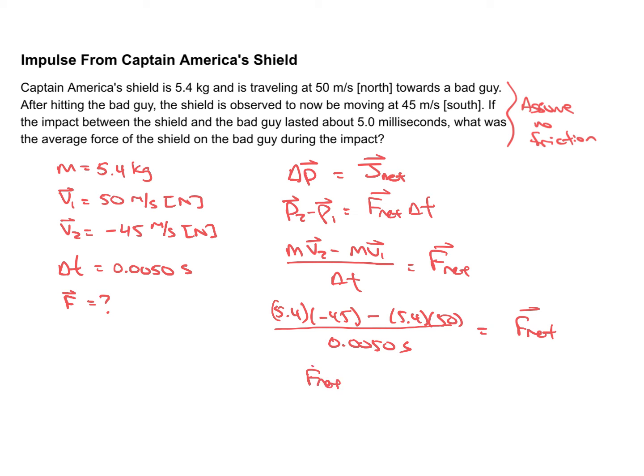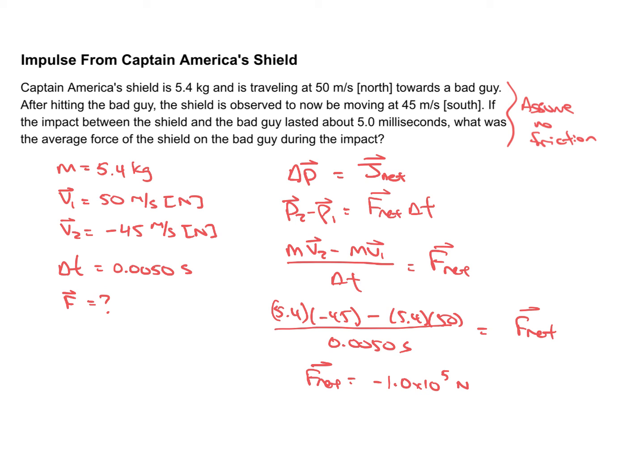Put that all in the calculator here. Okay, so I'm getting negative 1.0 times 10 to the 5 newtons. That's a whole lot of newtons.